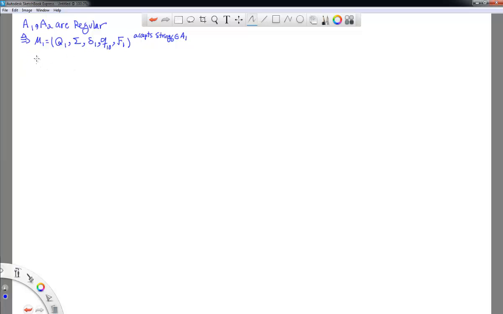And there is also an automaton M sub 2, and we write that as Q sub 2, sigma, delta sub 2, q sub 2 0 start state, and F sub 2, that accepts strings from A sub 2.